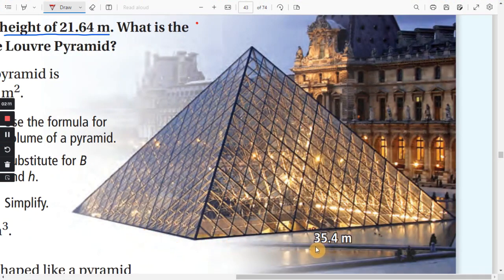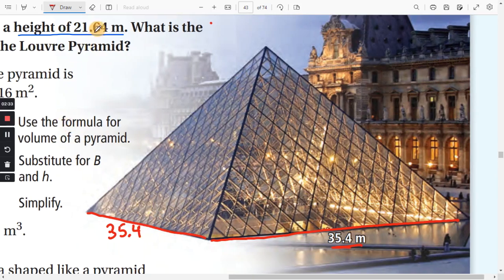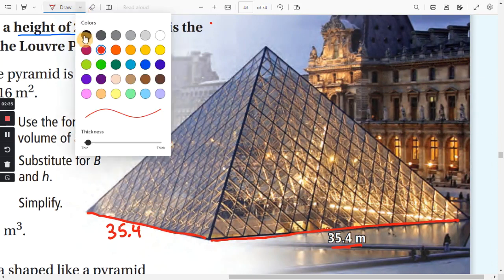Okay, so if this side length right here is 35.4, then this side length right here is also going to be 35.4. So I'll just fill that in. And they gave us the height is 21.64.